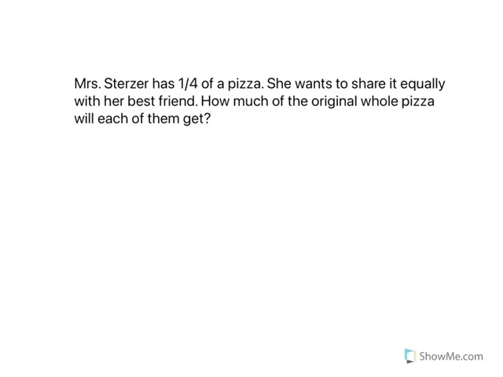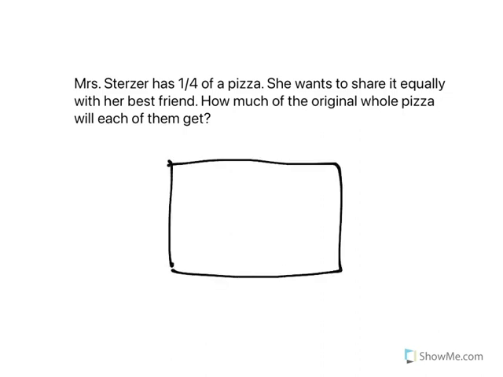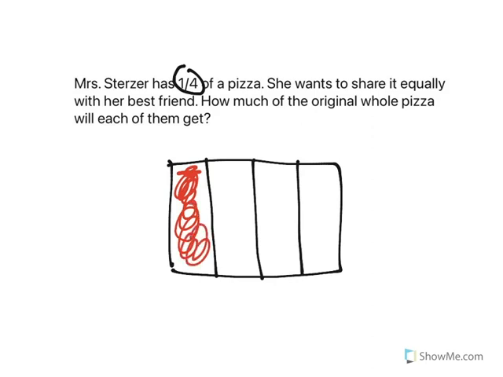How much pizza will each of them get? So the best thing to do is to draw the pizza. So you need to draw the whole pizza. We're going to split it up into fourths. Here's my pizza, some red sauce here, add a little dots of cheese. Okay, so I'm sharing it equally with my best friend.